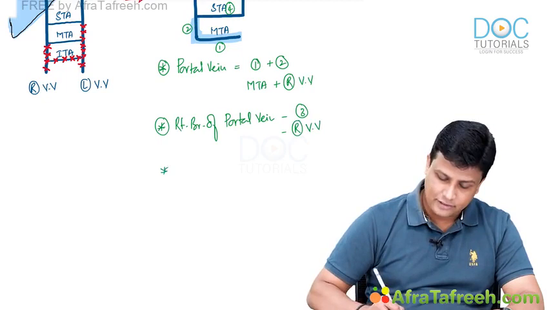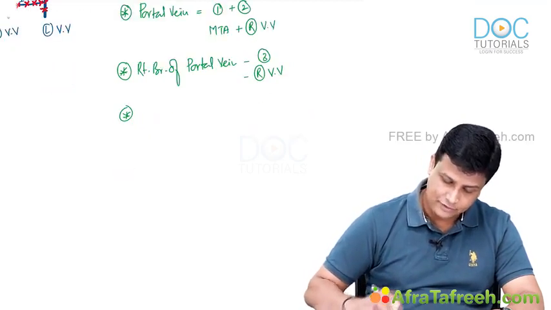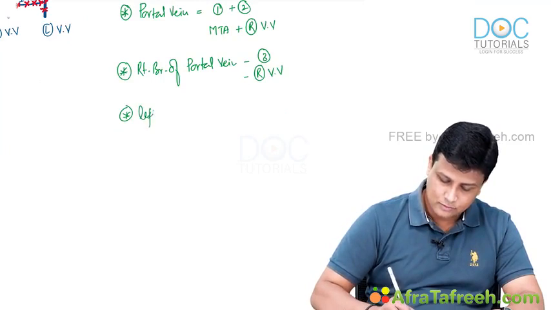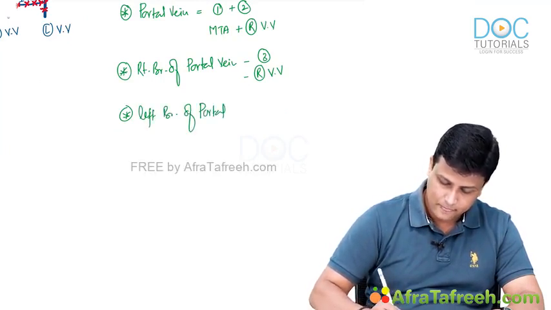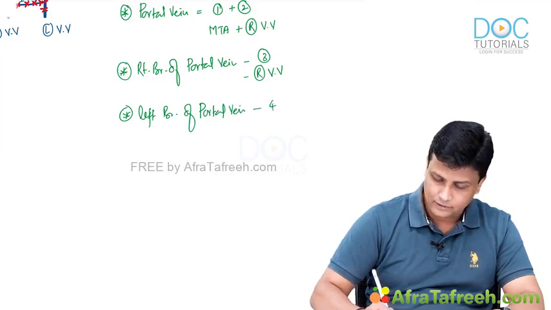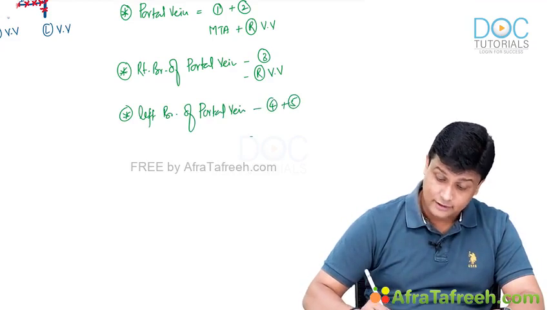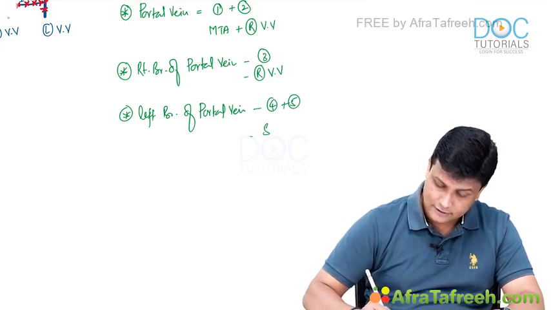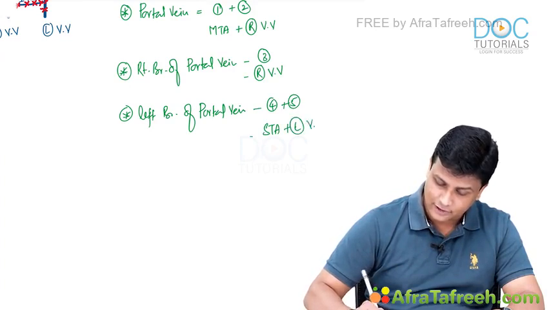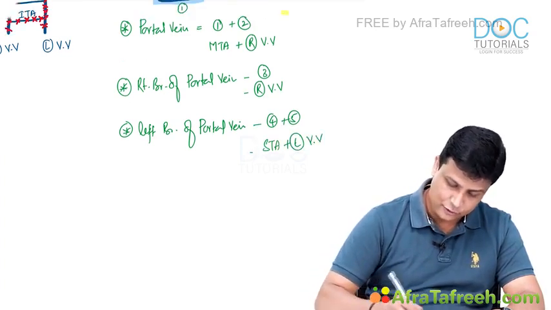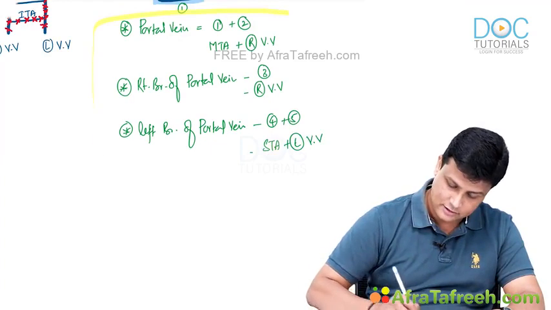Whereas the left branch of the portal vein is formed by number 4 plus number 5. What is number 4? Number 4 is nothing but the superior transverse anastomosis, along with number 5, which is nothing but the left vitelline vein. So you have to finally remember this.